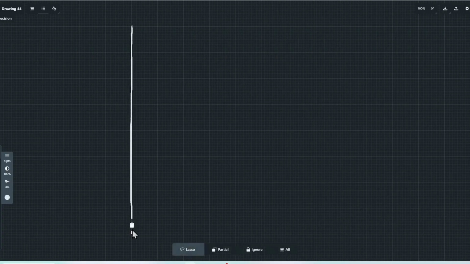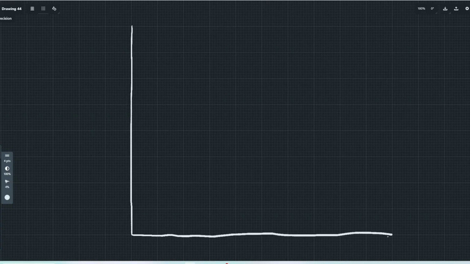Let's start drawing this, and let's draw the x-axis, then we will label it as well. And of course we will be drawing it from scratch.